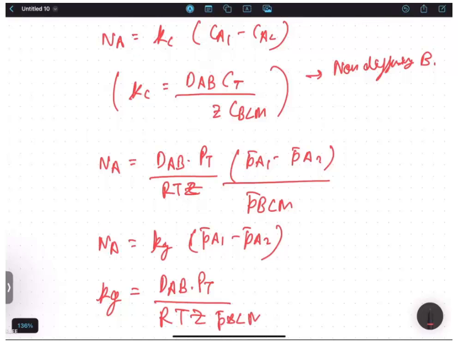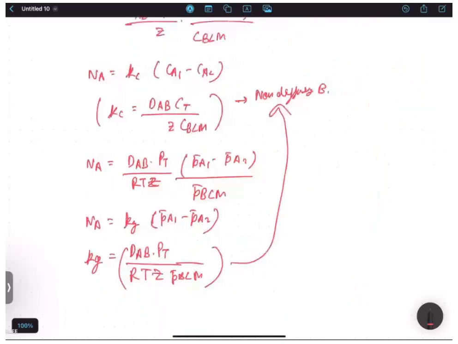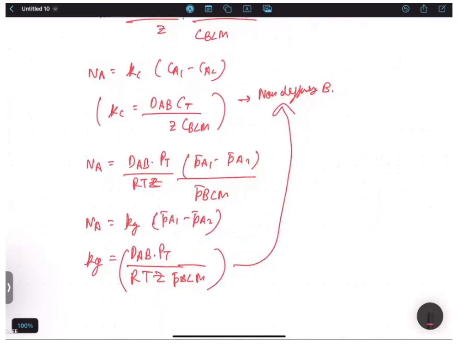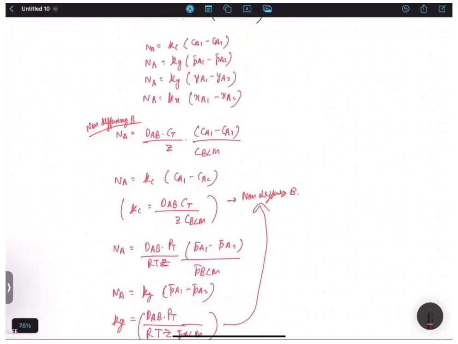Don't forget to put your PBLM. So this will be the mass transfer coefficient for non-diffusing B in case of partial pressure difference being our driving force. Like this, you can derive it for mole fraction in the gaseous phase also, like delta Y, and for delta X also in the same format. So this was for your non-diffusing B.